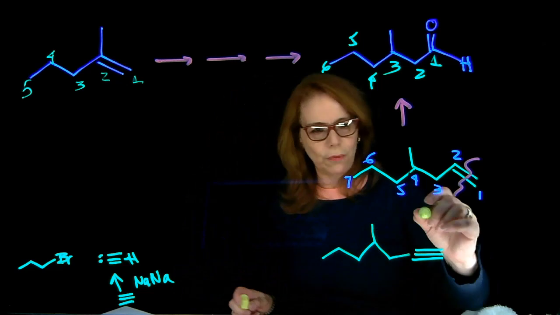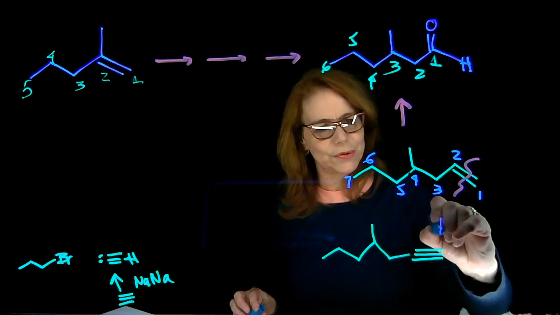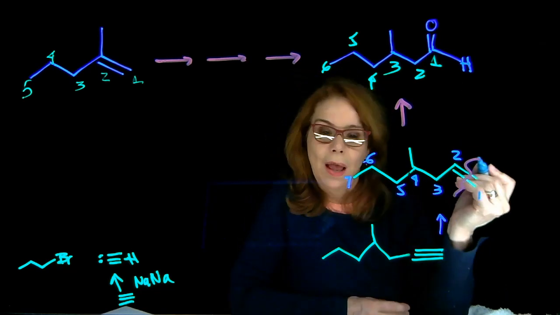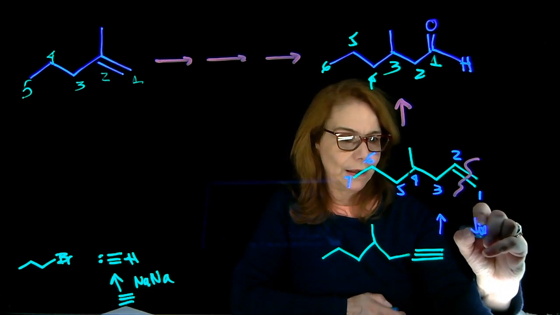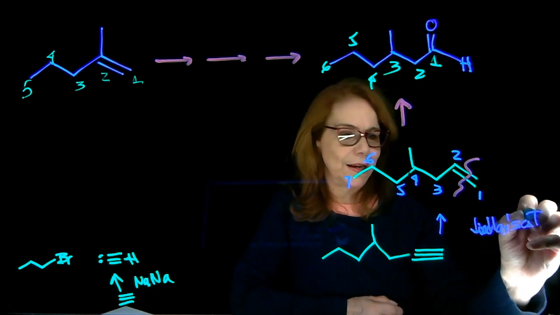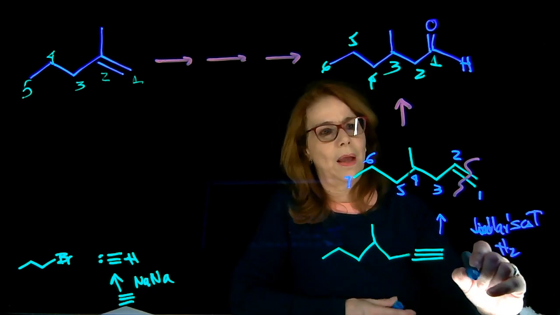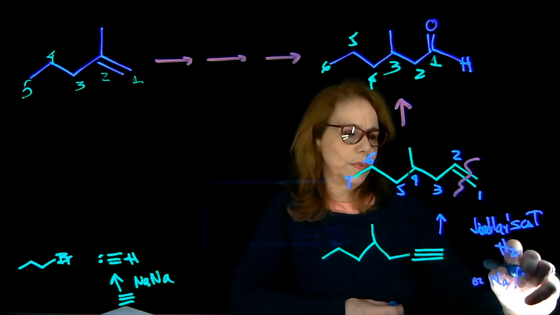How do I go from the alkyne to the alkene? I need to do a hydrogenation, but it needs to be partial. So either I use Lindlar catalyst with hydrogen, or I could also use the metal, so sodium and ammonia.